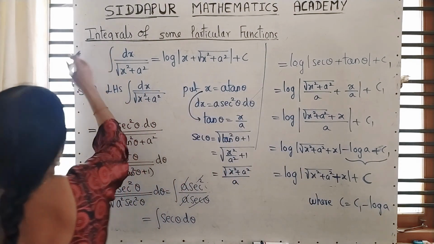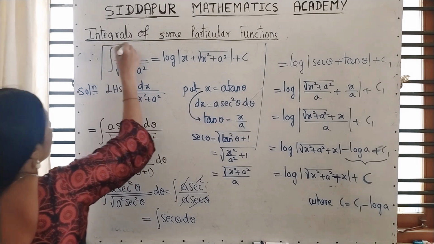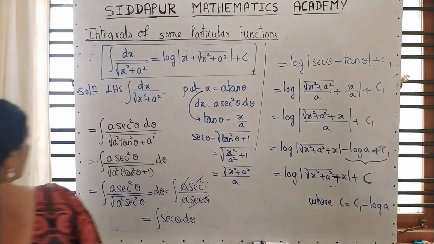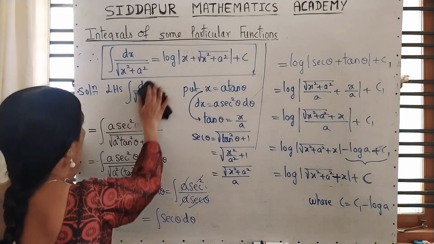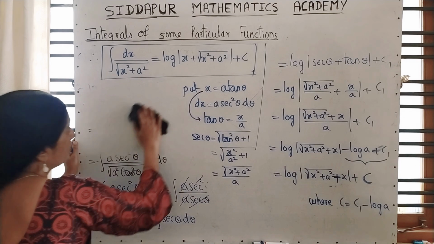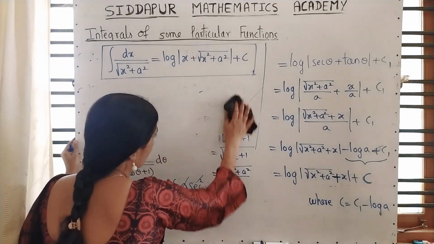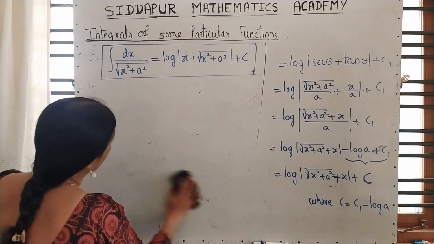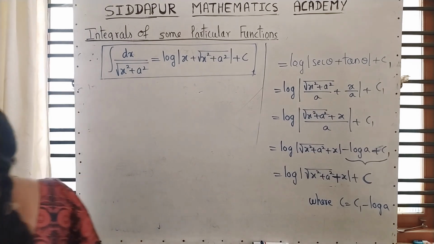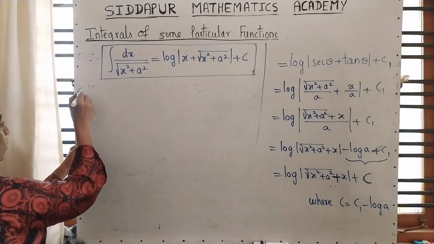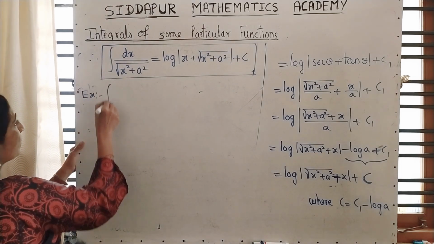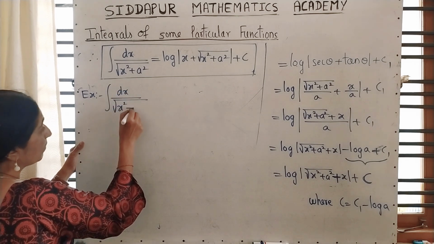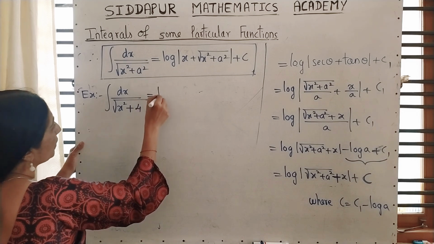Therefore, integration of dx upon root of x square plus a square is equal to log of x plus root of x square plus a square. Understood? So like this we are solving all the 6 formula derivations. Now I am giving you examples for this. dx upon root of x square plus 4. 4 means 2 square.